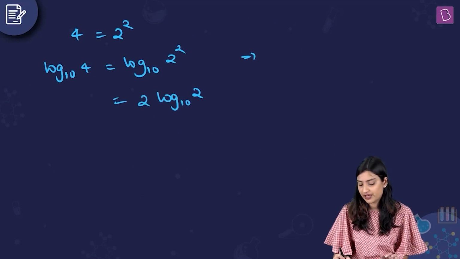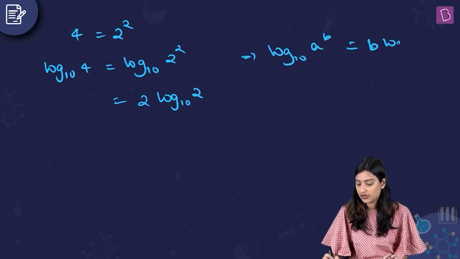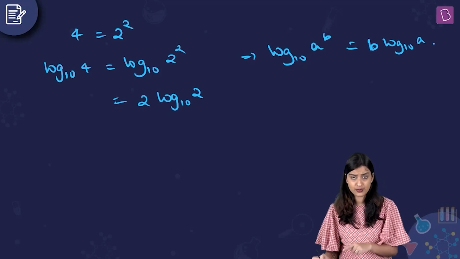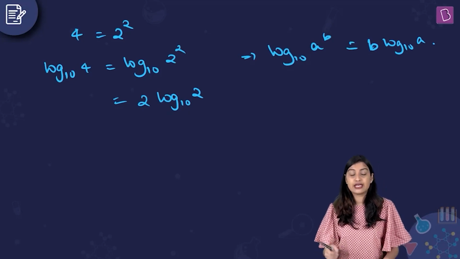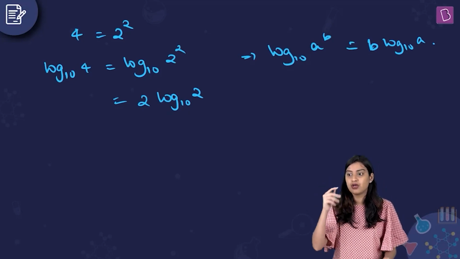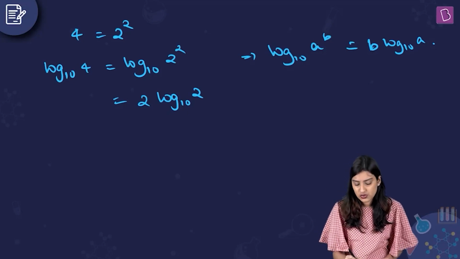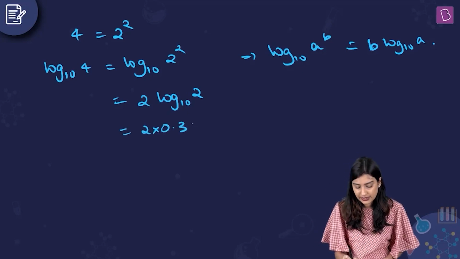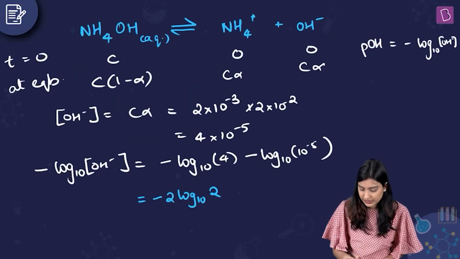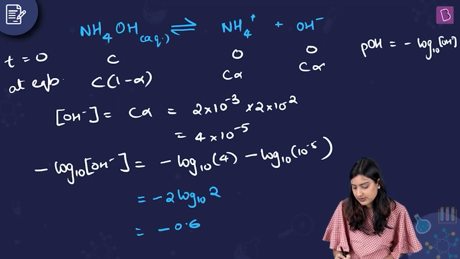How? Basically, if I have log 10 of a to the power b, I can write it as b log 10 of a. That's what I have done here. So 2 log 10 of 2. Log 10 of 2 is nothing but 0.3. So 2 into 0.3 is going to be 0.6. So I'll write minus 0.6 here.